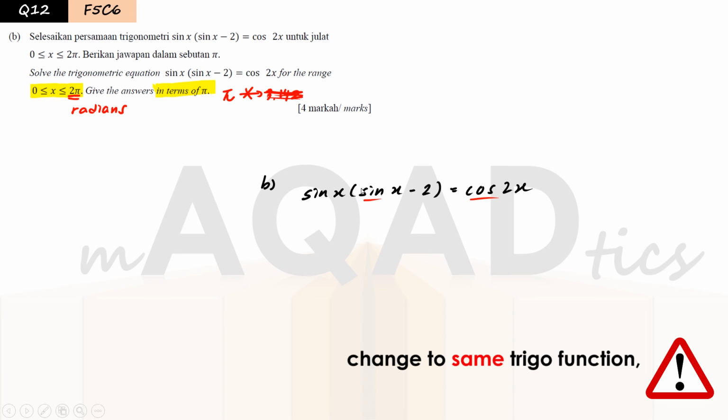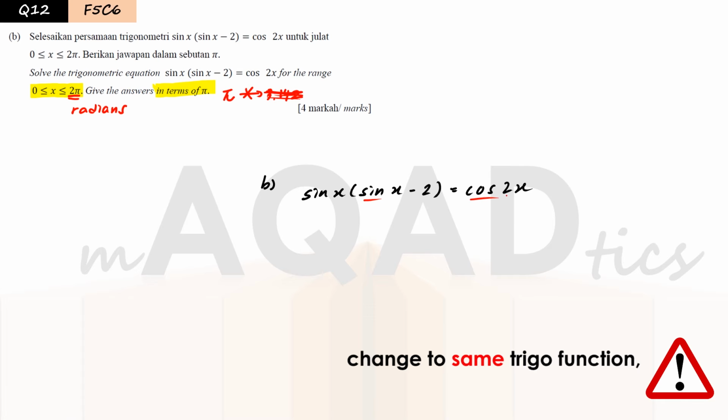So either this sine will change to cos, or this cos will change to sine. Which one should we do? Well, we can look at the angle of the function. You can see that for sine, it's just x. So it will be a bit hard to transform it. But if you see the cos here, there is 2x.